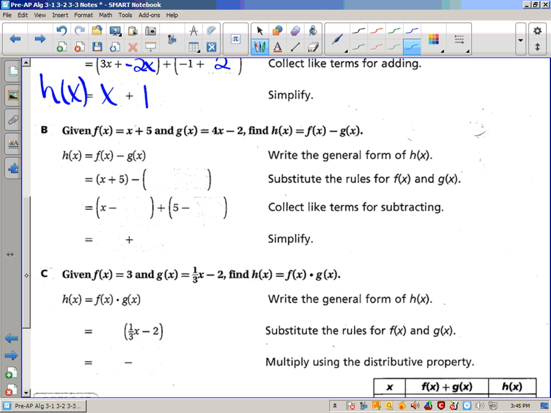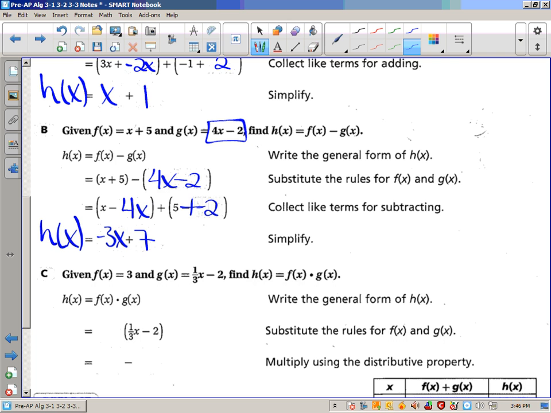You just have to remember you are subtracting each term. So if g of x is 4x minus 2, taken from right there, then when I combine like terms, it'll be x minus 4x, and then 5 minus negative 2. Minus and negative will turn into plus, so this will be negative 3x plus 7. Again, that's h of x.